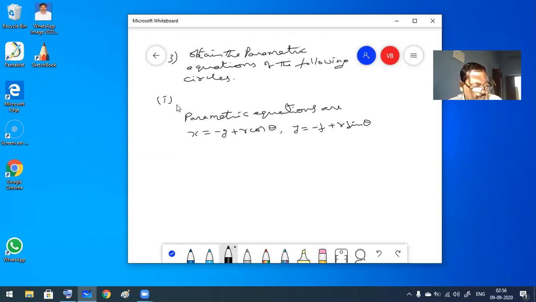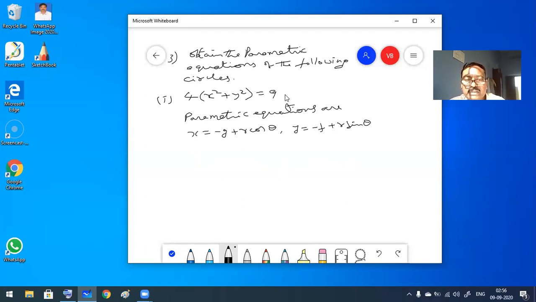The next one. Four into x square plus y square is equal to 9. So this was given. Find the parametric equations of the circle. Okay. What is the center here?